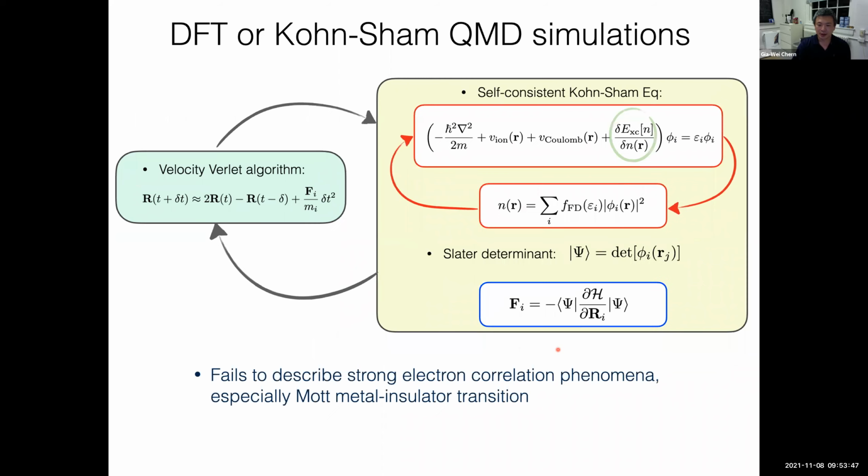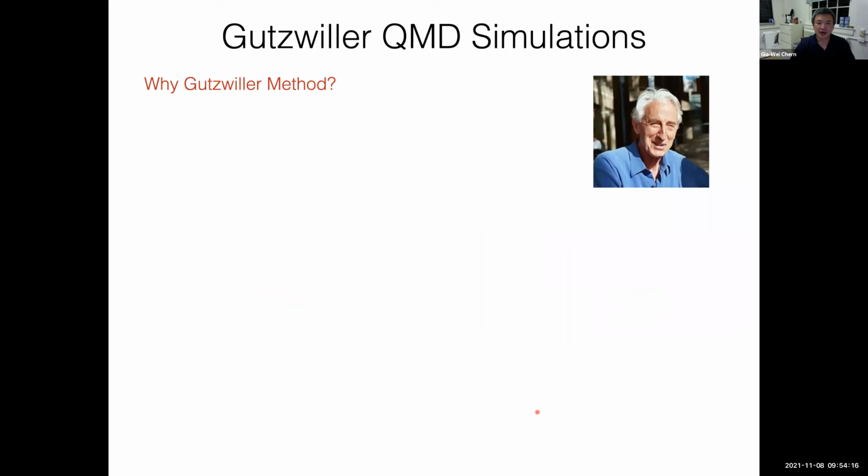Although DFT MD has been very successful in describing a wide range of materials, it is known that DFT methods cannot describe strong electron correlation effects, especially Mott metal-insulator transitions. So we want to go beyond DFT and develop a new quantum MD based on the Gutzwiller method. Why Gutzwiller?